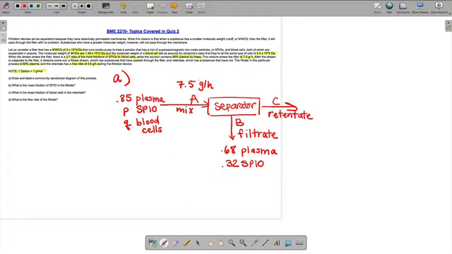Finally, for the retentate, we have a flow rate of 4.6 grams per hour, and then we also have some X amount of plasma, some Y amount of SPIO, and then some Z amount of blood cells.